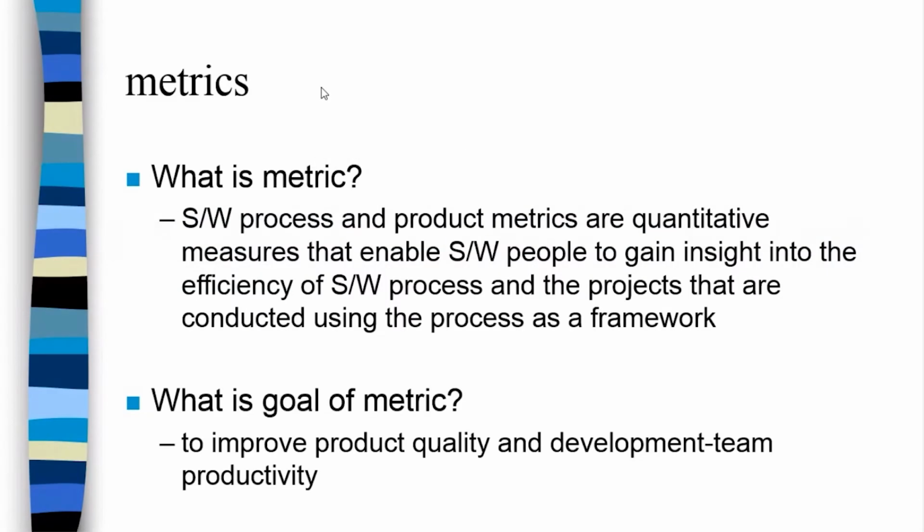So first of all, what is a metric? We can say that a metric is one kind of measure. A measure for software, for different kinds of software characteristics which can be measurable or countable. So we need to measure those characteristics, and for that, we have software metrics.